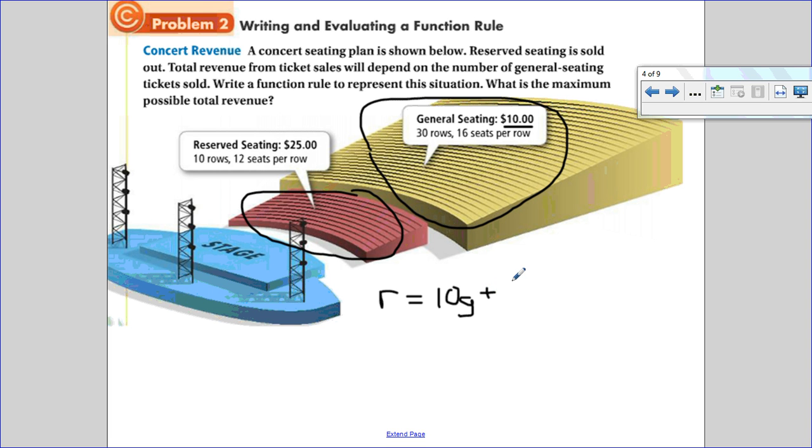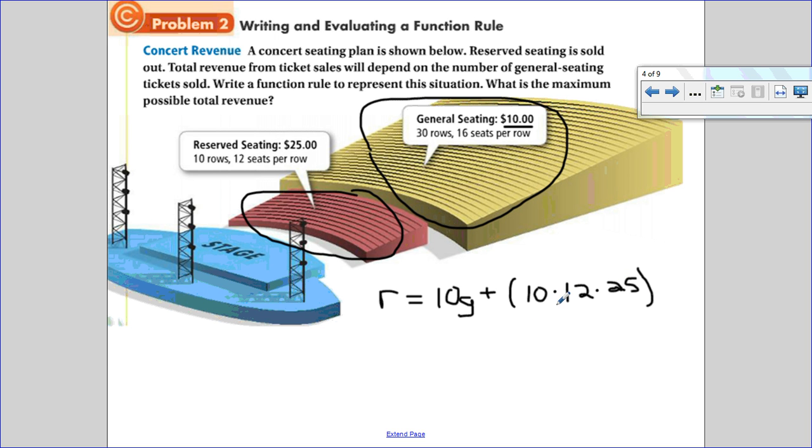Well, how much money did they make down there? There's 10 rows. So 1, 2, 3, 4, 5, 6, 7, 8, 9, 10 going up this way. Times 12 seats each. Times $25 per seat.